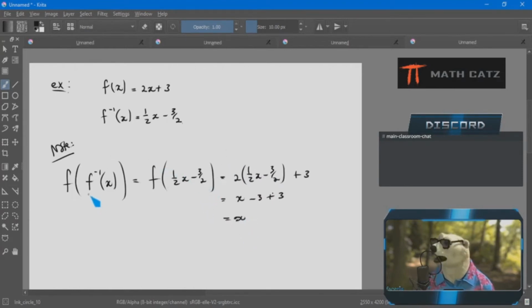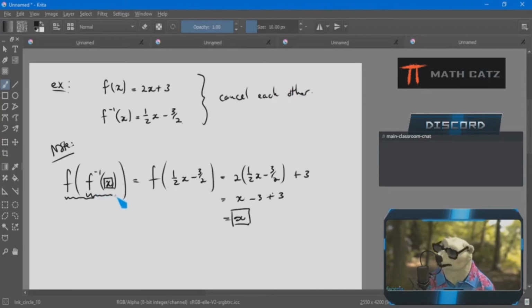That means that something is being done to input x, and then when I do the outside function after that, I've done nothing. I get the original input back, so nothing has happened. So these two, in the composition sense, they cancel each other.